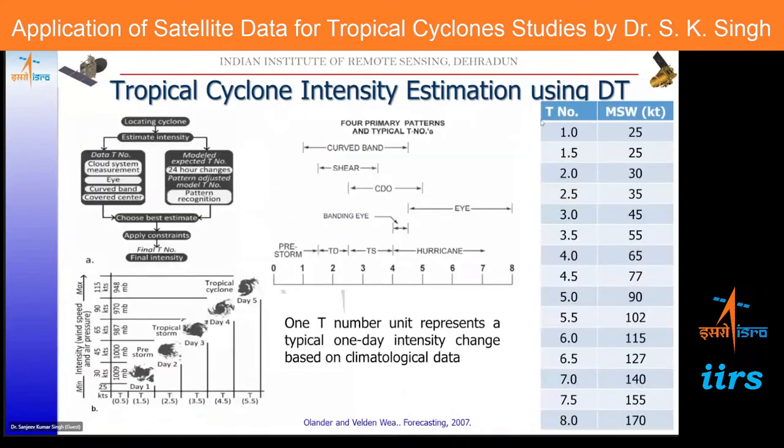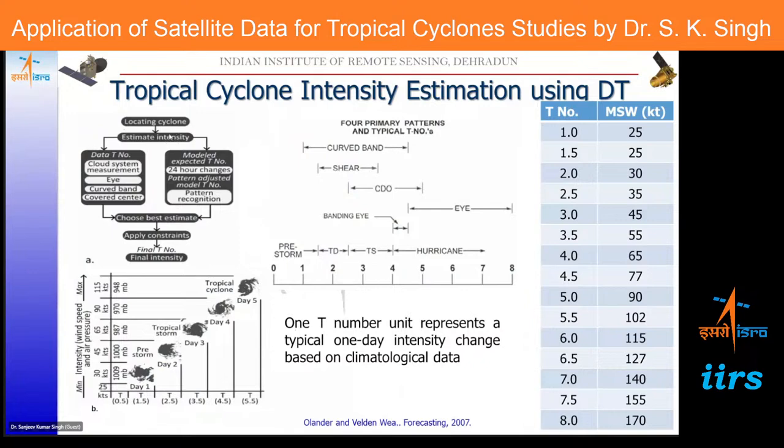In the Dvorak technique, they measure the intensity on a 1 to 8 scale. They assign the T number. The T number is basically a unit representing the typical one-day intensity change based on climatological data.